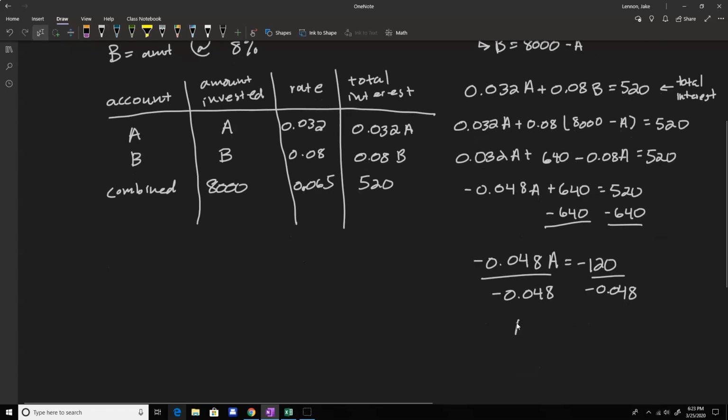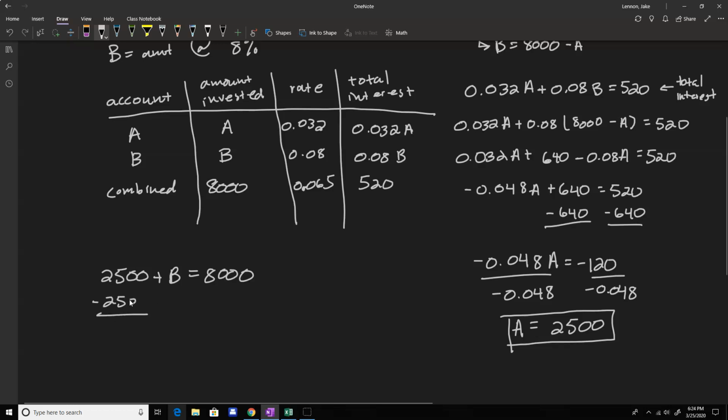So capital A is equal to 2,500. Again, that's the amount invested in account A. For account B, the total amount is 8,000, so 2,500 plus B is 8,000. We just subtract 2,500, so B is equal to $5,500.